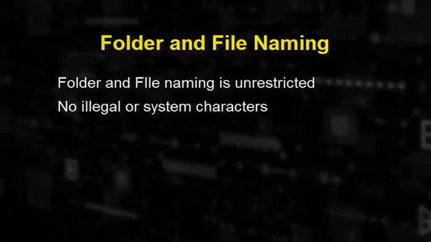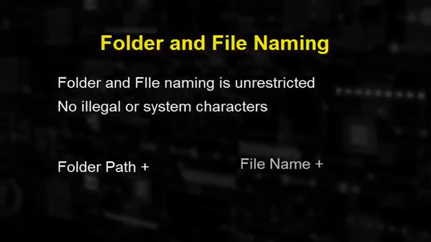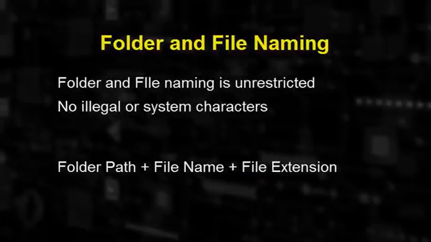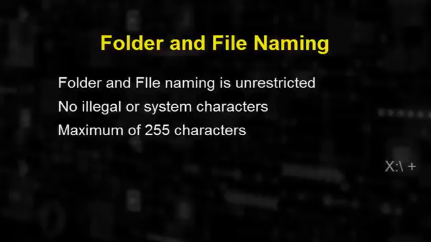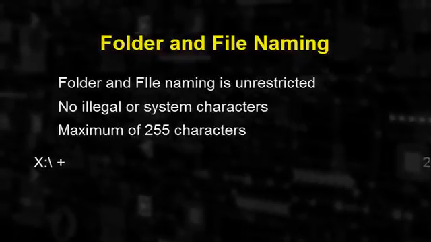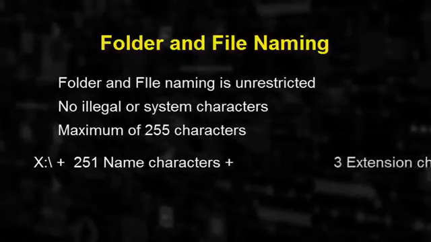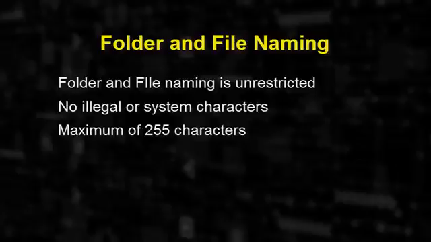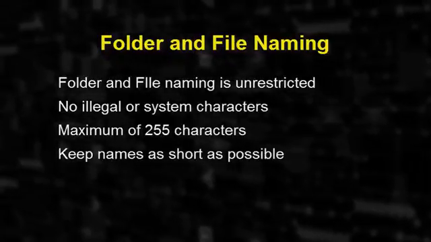That said, for Cinedeck purposes, the Windows operating system does restrict the length of the total folder path, plus file name, plus file extension, to a maximum of 255 characters. For example, you could have the drive letter X, and then a total of 251 folder and file name characters, plus 3 additional file extension characters. However, it is really better to stay well under that maximum, as extremely long names can become quite unwieldy.